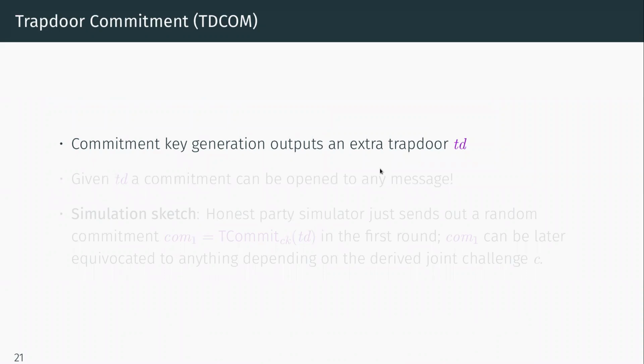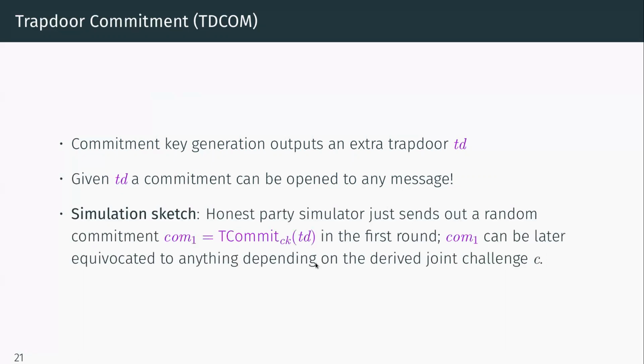We circumvent this issue by making use of a trapdoor commitment. So what's a trapdoor commitment? The commitment key generation, in addition to the normal commitment key, also outputs some extra trapdoor. With this extra trapdoor, the commitment can be opened to any message.